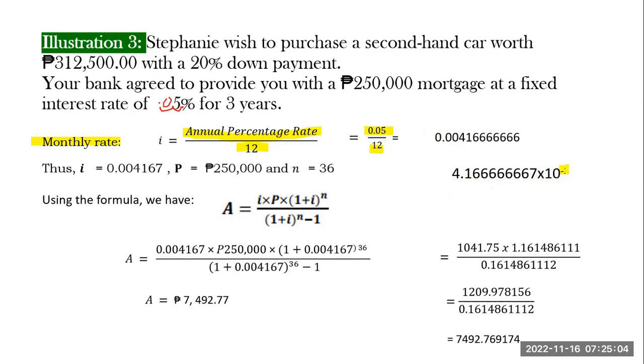And recall tayo, pag ang exponent is negative, it means you will move the decimal place to the left. Kapag positive yung exponent, to the right. So, since this is negative 3, ibig sabihin, we will move the decimal place 3 times to the left.